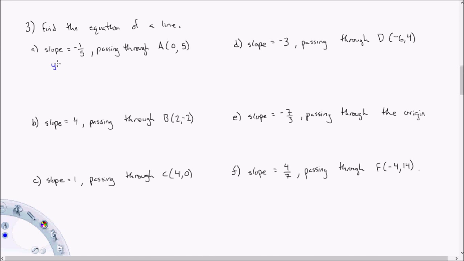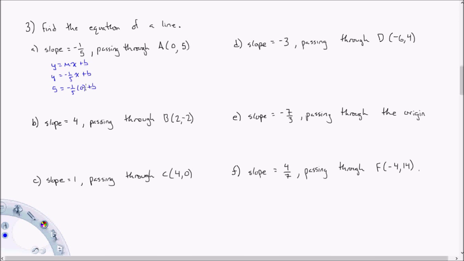So we know that we have y equals mx plus b for any line. The slope value is negative 1/5, so y equals negative 1/5 x plus b. We know that this is a point that's on the line, so it must satisfy this equation. So we can sub in the y value and the x value.